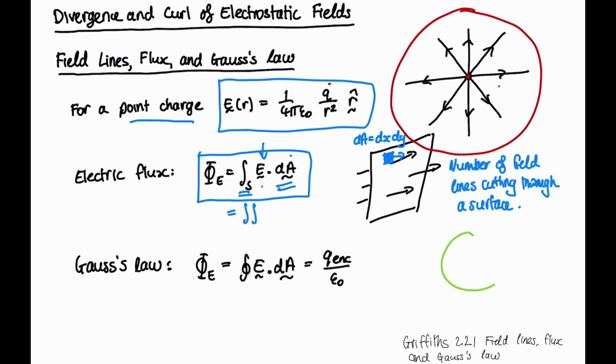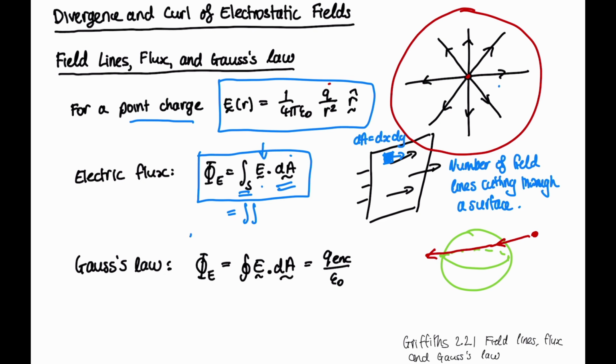Now, Gauss's law was telling us about closed surfaces. So I want you to imagine this sphere here. I've drawn these extra lines on it to try and indicate that this is a 3-dimensional shape. Now, if we imagine putting some charge outside this sphere here, the electric field lines come away from this positive charge and they enter the surface here, but then they leave the surface over here. So charges outside our surface don't contribute to the flux through the surface because we've got as many lines going in as we have coming out, and so that cancels each other out.